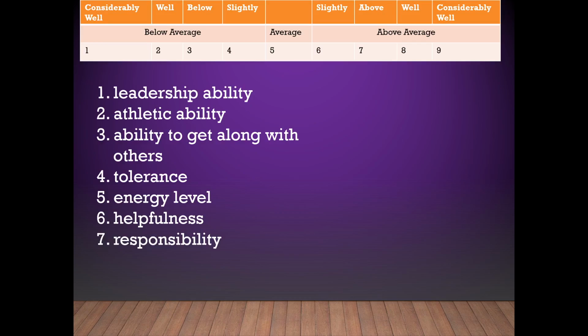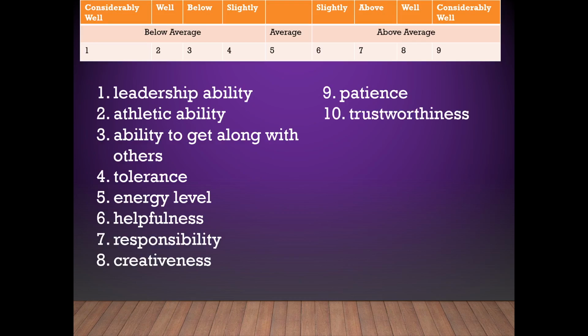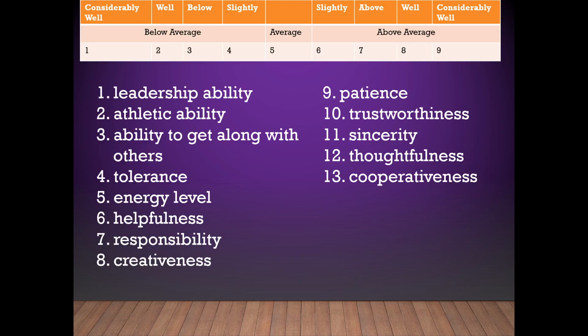Number 7 is responsibility. Number 8 is creativeness, if that's a word. 9 is patience. 10 is trustworthiness. 11 is sincerity. 12 is thoughtfulness. 13 is cooperativeness, if that's a word. 14 is reasonableness. And 15 is intelligence. So if you need to, you can pause me and you can rate all 15 of these items.